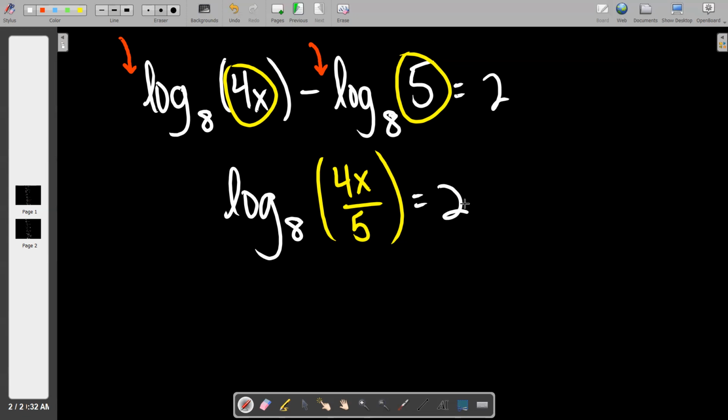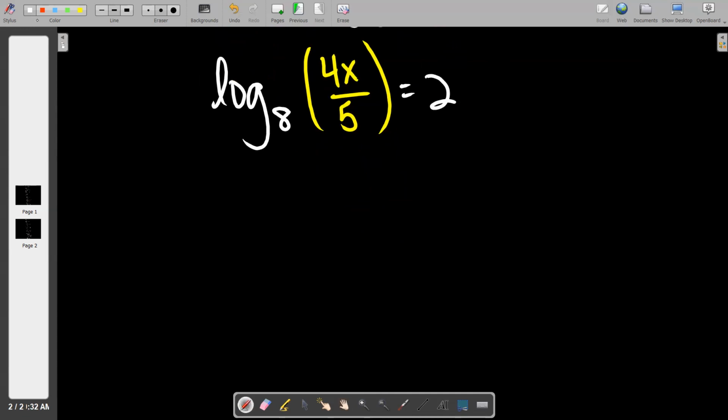Brady, what else? What do we do next? Next, you would water cycle it out. 8 to the power of 2 equals 4x over 5. Next step, multiply both sides by 5.